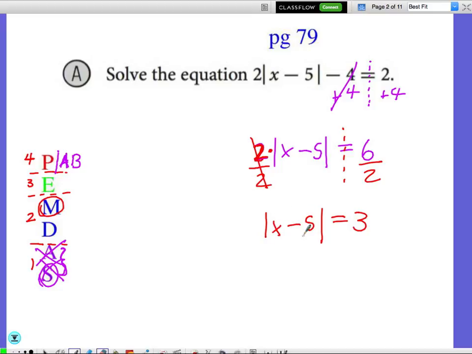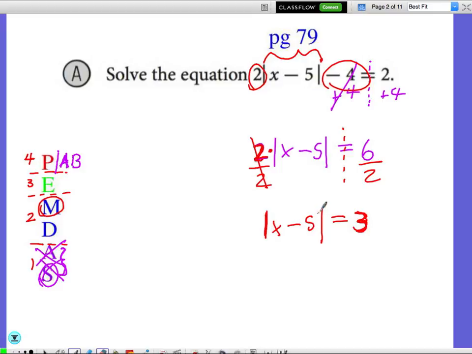Now, this is what I want you to take a look at. Here, the absolute value I have right here. And what happened to this 2 and this negative 4? Well, I got rid of them. I did the inverse operations, moved it to the other side, and I'm left with 3 on this side. And so, is there anything outside the absolute value now?